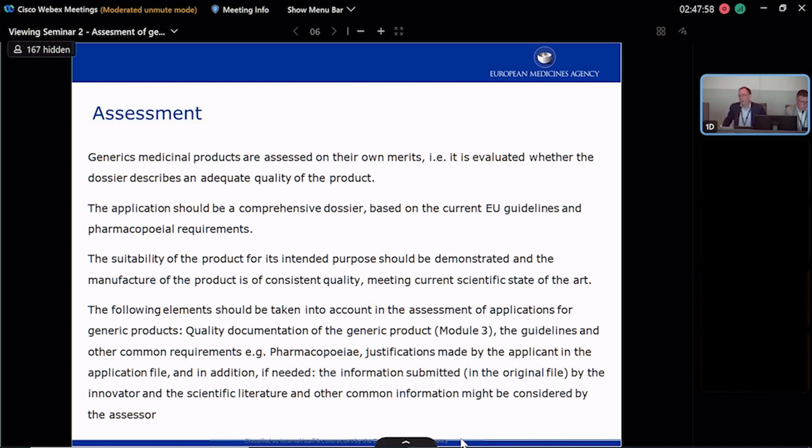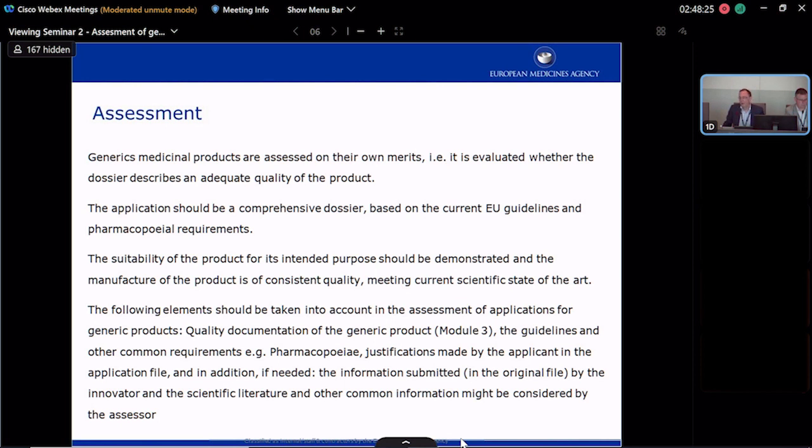reference medicinal products are old products that have been on the market for more than 10 or 11 years, and they were evaluated at the state of the art at that time, but generics should be assessed according to the current state of the art.